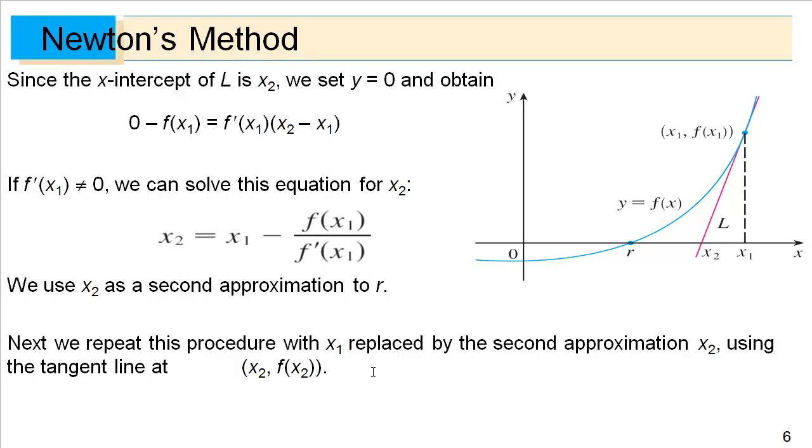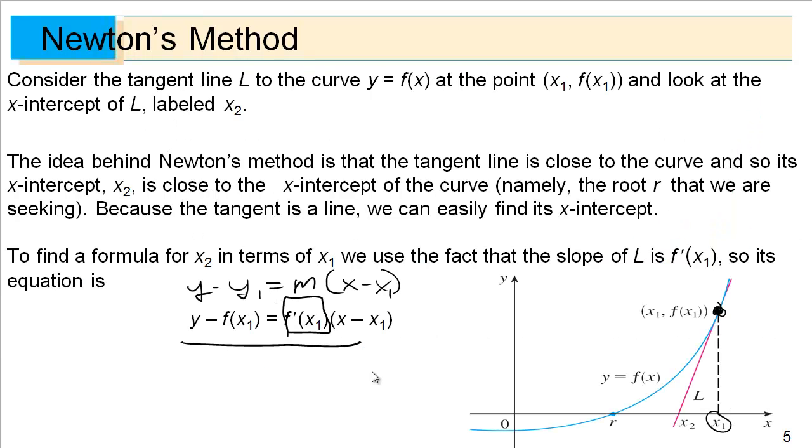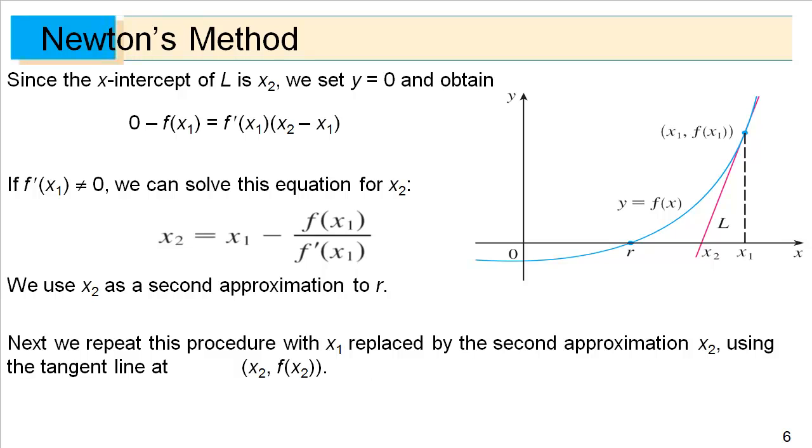So as long as we assume it's not 0, we can go ahead and do the division and solve for x2, right? All that's changing now is instead of x minus x1, if we let y equal 0, then that arbitrary x becomes x2. And then we just solve for x2.